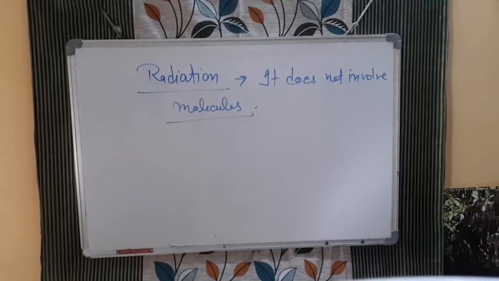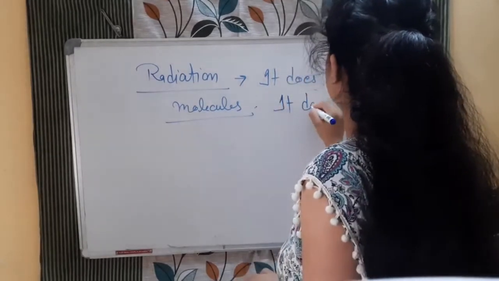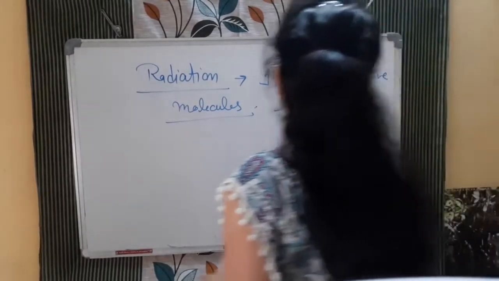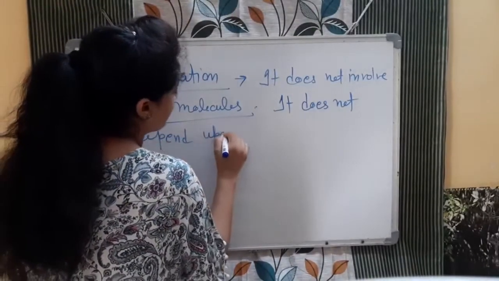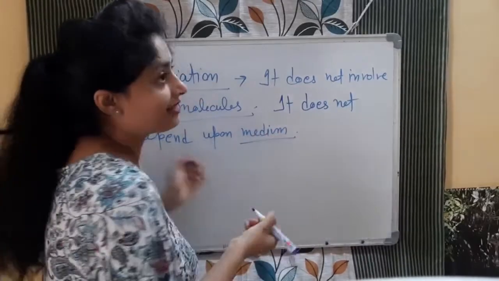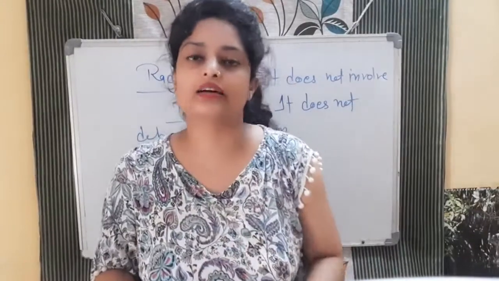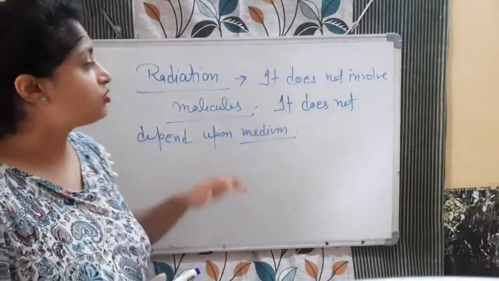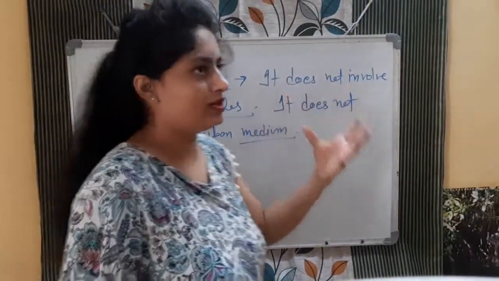It does not depend upon the medium. For example, the sun rays that come to us travel through the vacuum also. Light rays and sun rays come to the earth. Generally it is the electromagnetic waves that come to us, so there is no role and no need of a medium. There are no molecules involved.